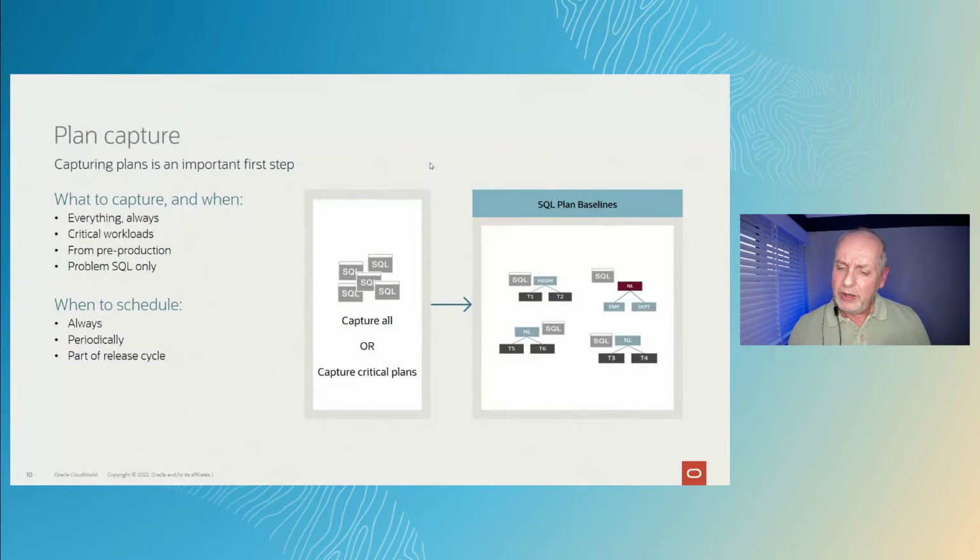But this implies that there needs to be some kind of thought behind this. Do we capture always? Do we have some kind of periodic schedule where we do that? Or do we include it as part of the release cycle, where we release new queries, new code? Do we then effectively release plans as well? The issue with this is that it's somewhat non-autonomous, because you've got to figure out what you want to do and when.